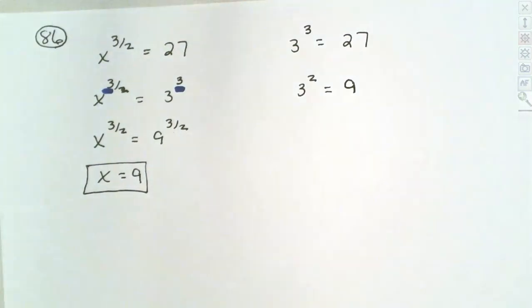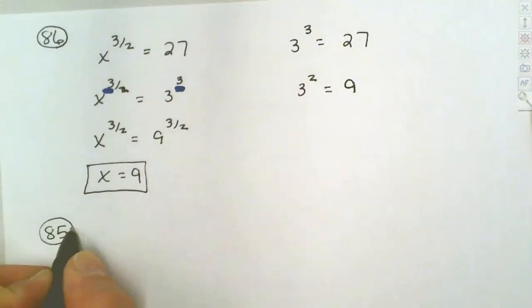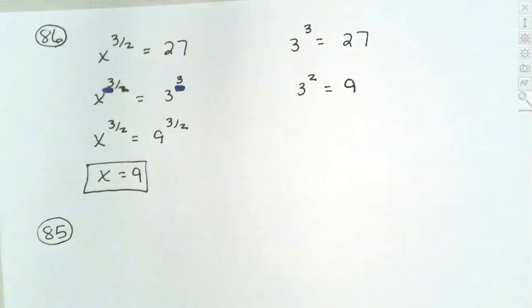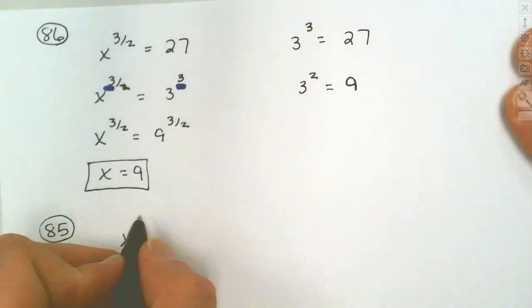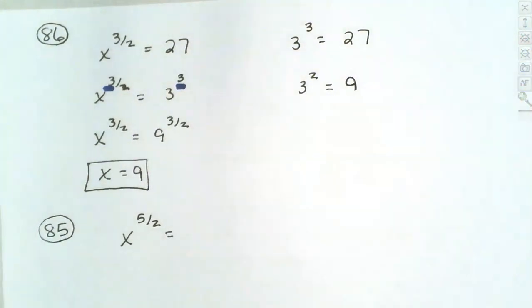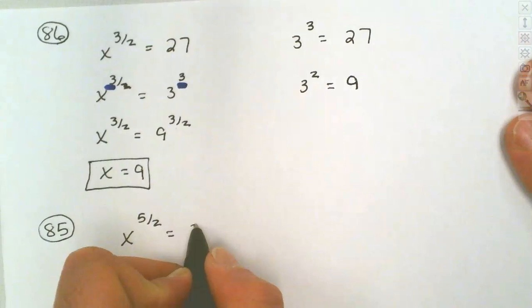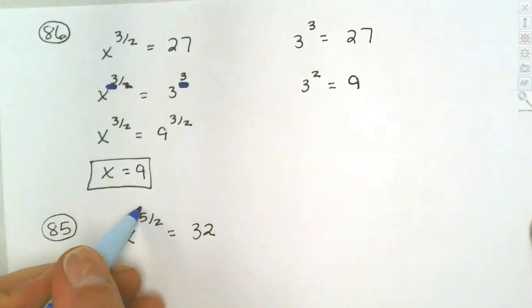Let's go back and look at 85, just to make sure we have these down. Okay, so question 85 is x to the 5/2 power equals 32. So the first thing we look at is this 5.